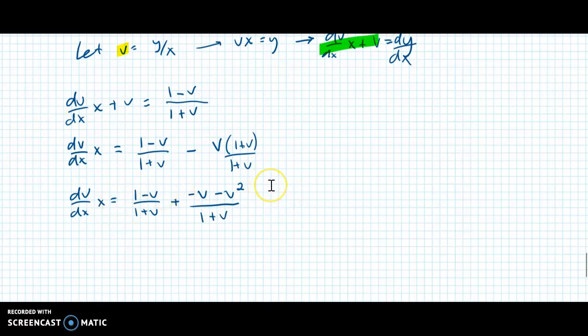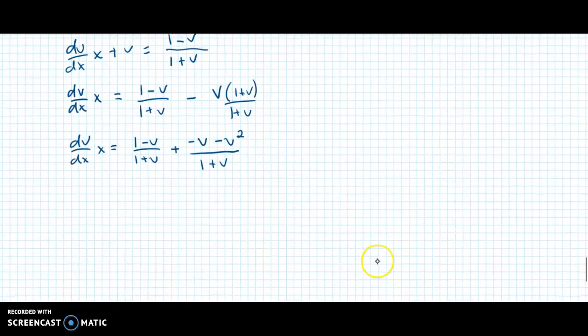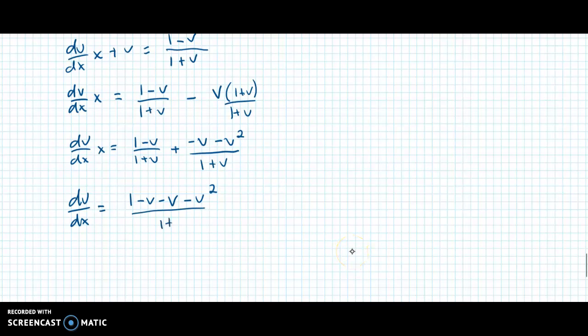Because I didn't want to drop a negative with my distributive property. So that gives me dv dx equals 1 minus v minus another v minus v squared all over 1 plus v. And you know what? We got two negative v's there, so let's just write minus 2v.